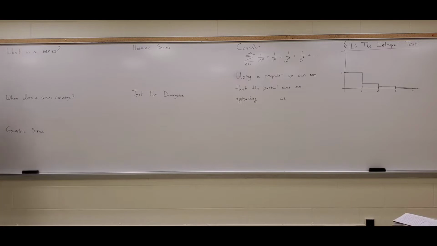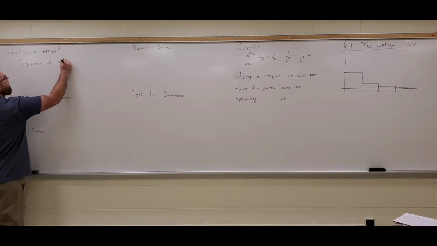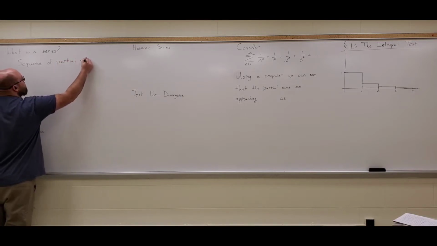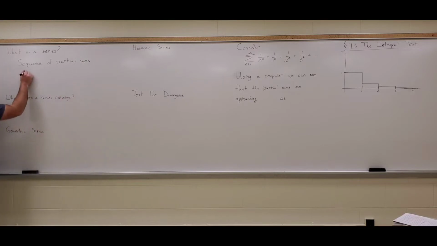To start things off, what is a series? A series, by definition, is a sequence of partial sums. Just to give a very brief example, the series is summation notation, as n goes from 1 to infinity, of a sub n.